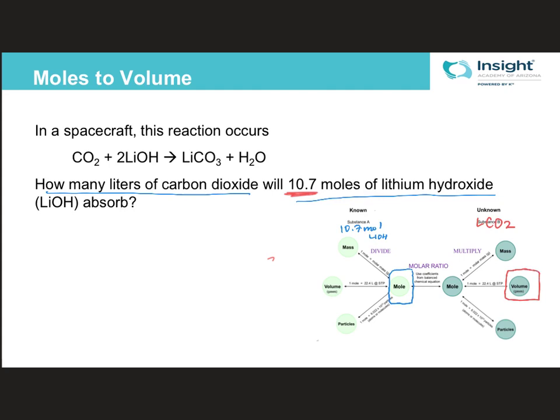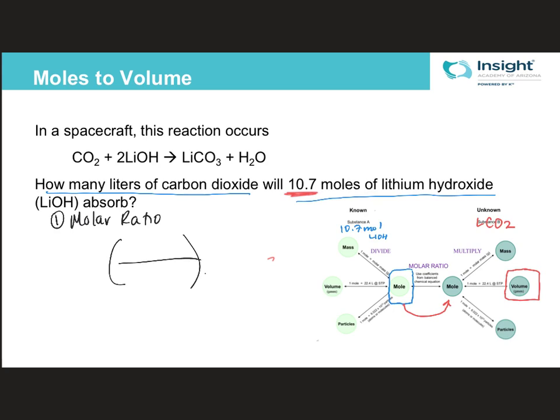So this one is a two-step problem. We need to go from moles of lithium hydroxide to moles of CO2 using our molar ratio. So to set that up, I'm going to set up one molar ratio. Start with your parentheses.